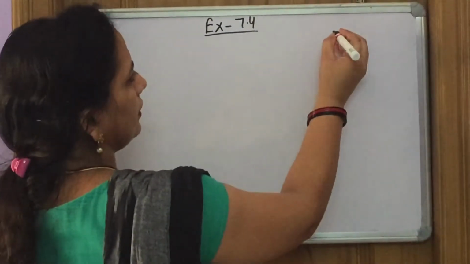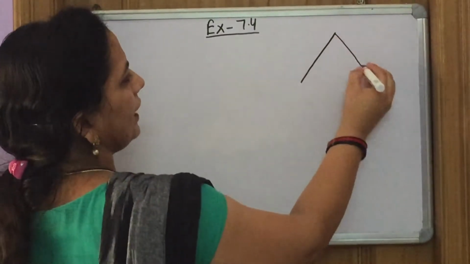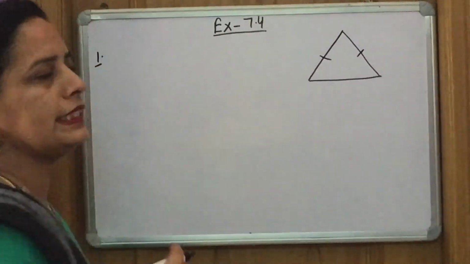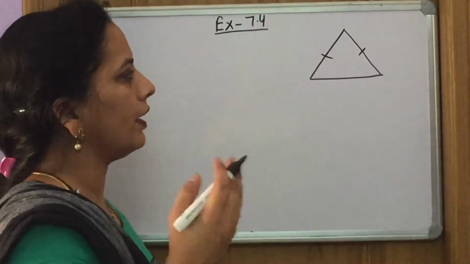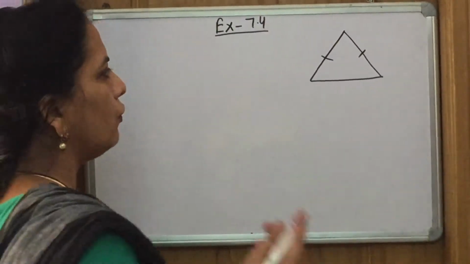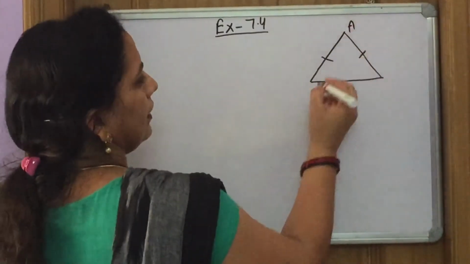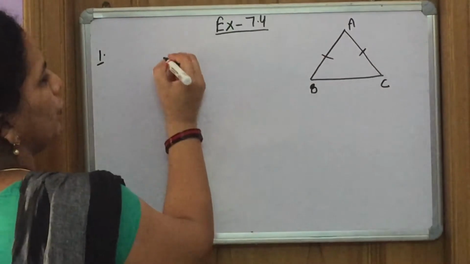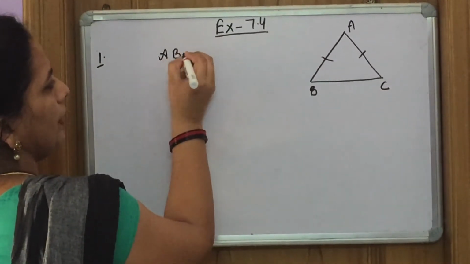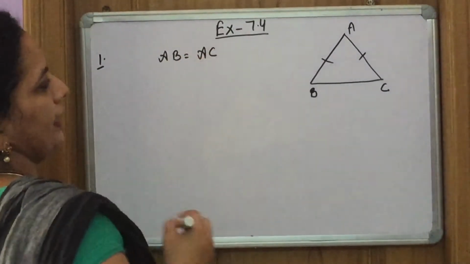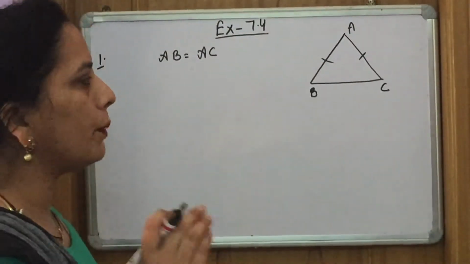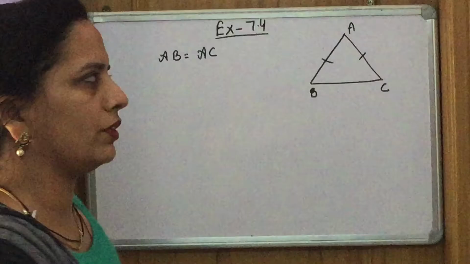in any triangle, if two sides are equal, then its opposite two angles are also equal. For example, in a triangle ABC, if you are given AB is equal to AC, that means two sides are equal, then its opposite two angles are also equal.